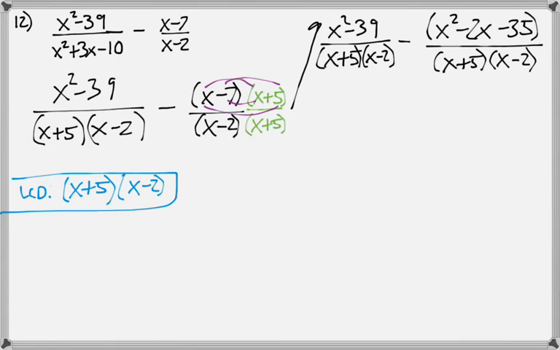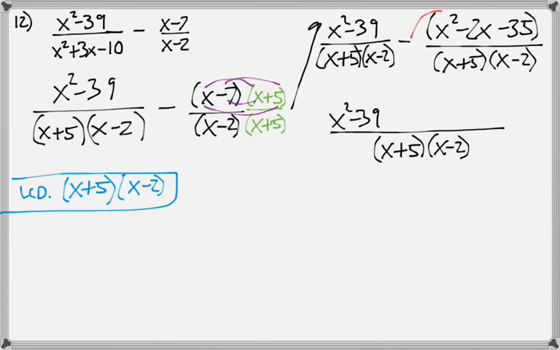So when I combine these, I'm just going to copy the denominator, and it's going to be x squared minus 39. Each of these signs in the second one, because of the subtraction, need to get reversed, because it's like you're multiplying by a -1. So it's going to be a minus x squared plus 2x plus 35.